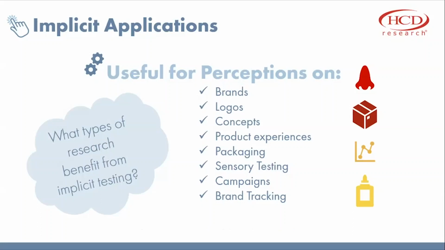So it seems like there's actually a lot of applications to it, but with this wide variety of applications, how do you know which words to choose when you're going about an IAT, when you're trying to figure out these internal biases? Yeah, that's really important to think about. There's a lot of people out there that offer implicit testing, but there are some things you've got to know going into it.